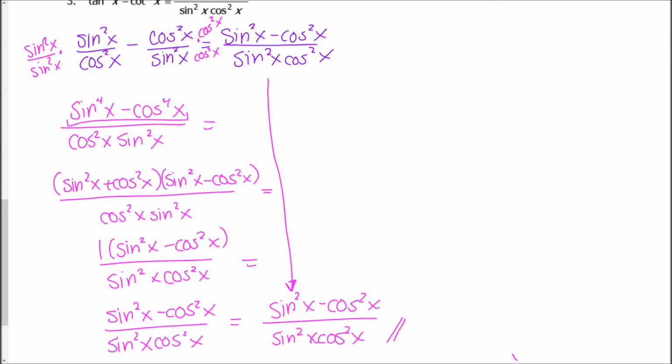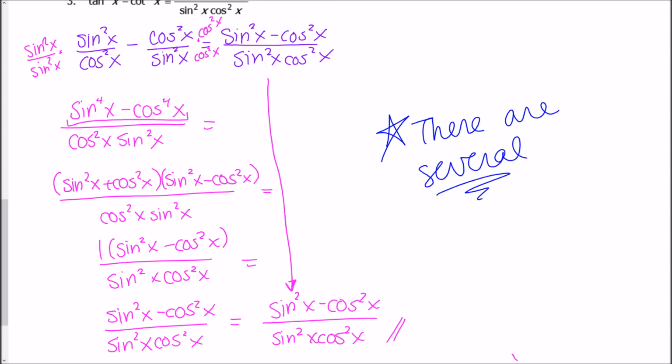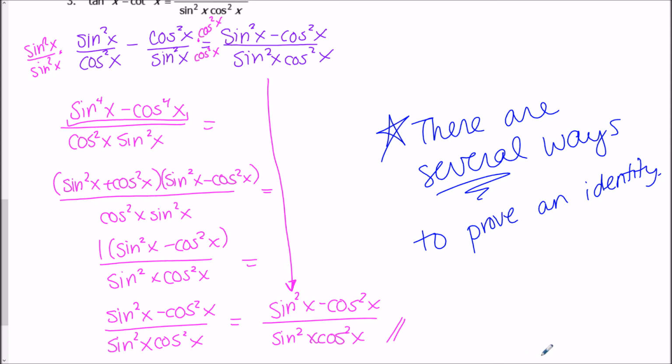Now, one thing I just want to make sure you guys are aware of is there are several ways to prove an identity. So just because I showed you one way to prove this identity for any of these questions, 1, 2, or 3, doesn't mean that it's the only way that works.